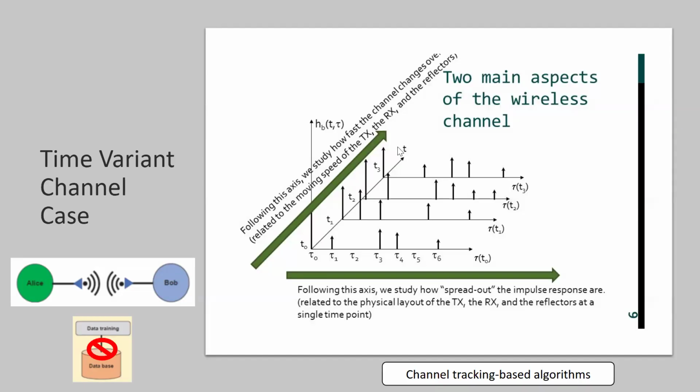In the y-axis, we study how fast the channel changes over time, related to the moving speed of the transmitter, receiver and reflectors.